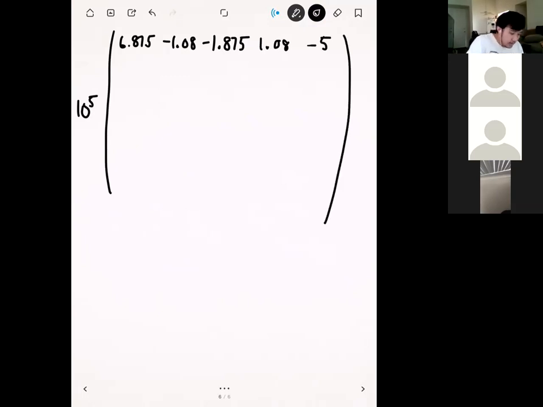All right, and so our next row is minus 1.08, 0.625, 1.08, minus 0.625, and 0. Okay. Remember those rows have to do with U1x and U1y, and those are degrees of freedom that we don't have any restraints on.